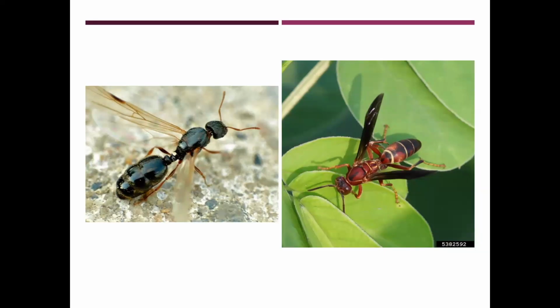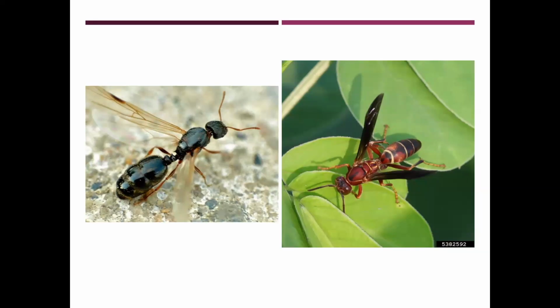You may need to know that information, you may not. The other thing that I do want to mention with ant swarmers, there are no keys for identifying ant swarmers. For some reason, nobody has come up with one at this point in time. I've been doing this for probably 25 years now, so I have a fair amount of experience identifying ant swarmers, and I know a lot of them in my area of Texas.